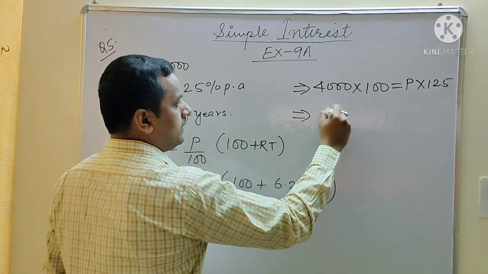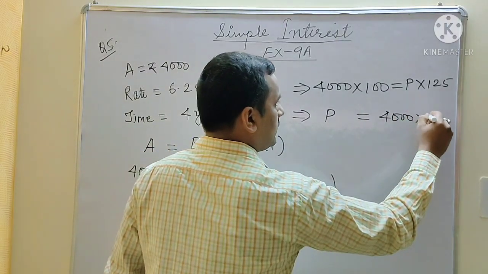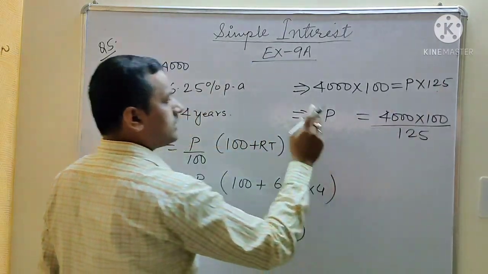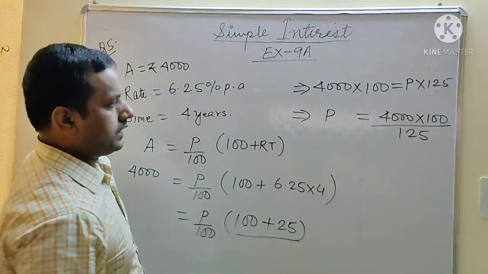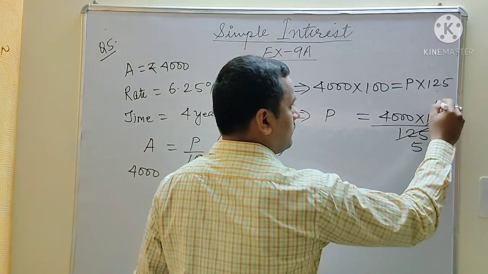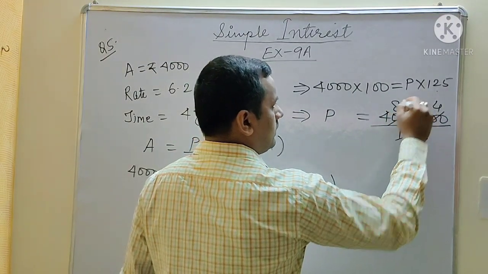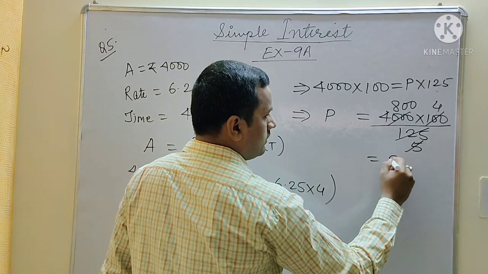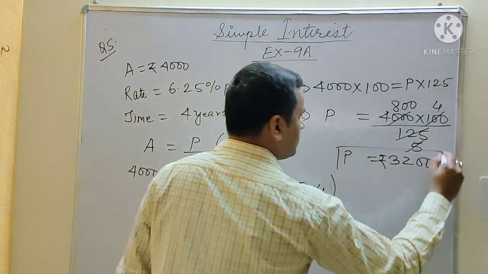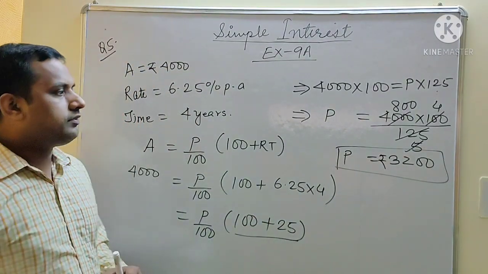Now we can write P is equal to 4000 into 100 by 125. This 125 is transposed to the other side. Now cancelling, 25 5s are 25, 4s are 5, and 100. That gives 3200. So the principal is rupees 3200.